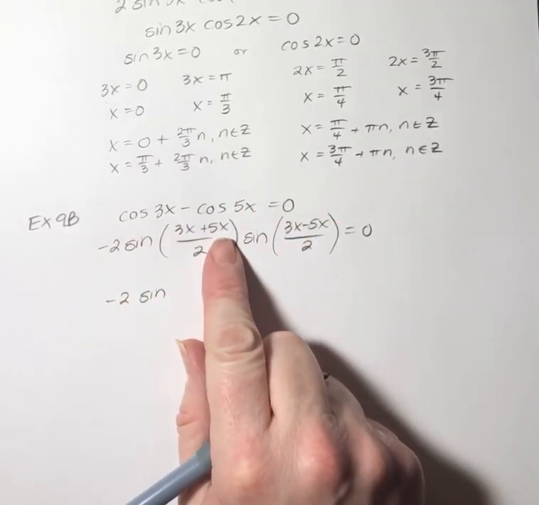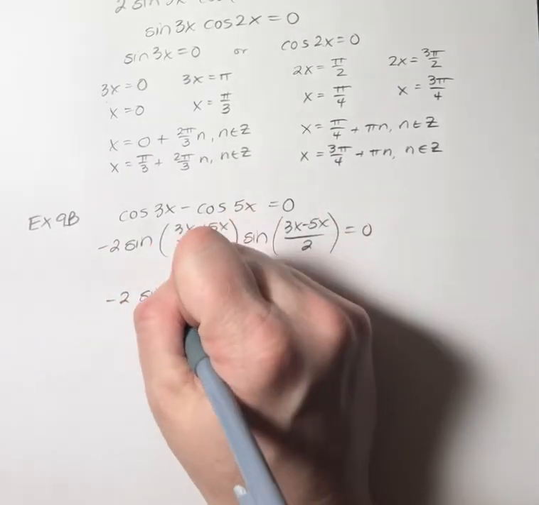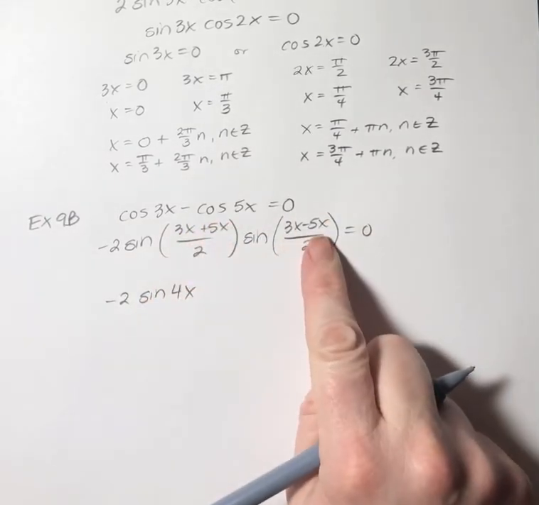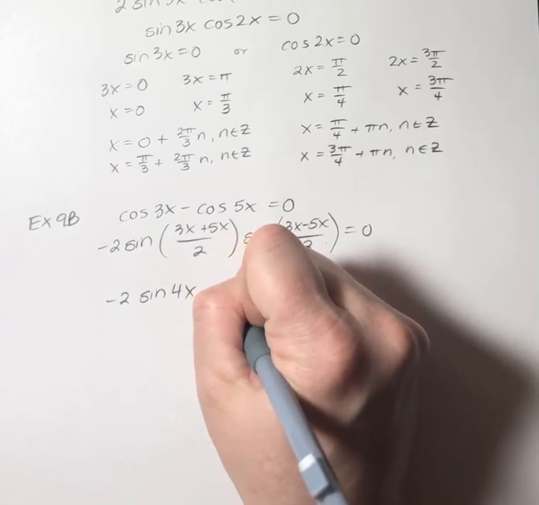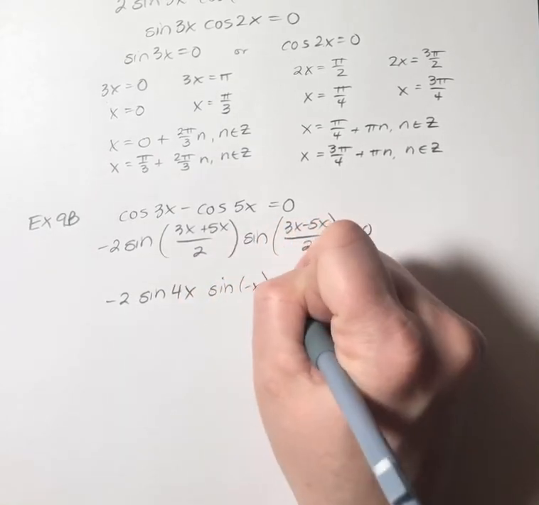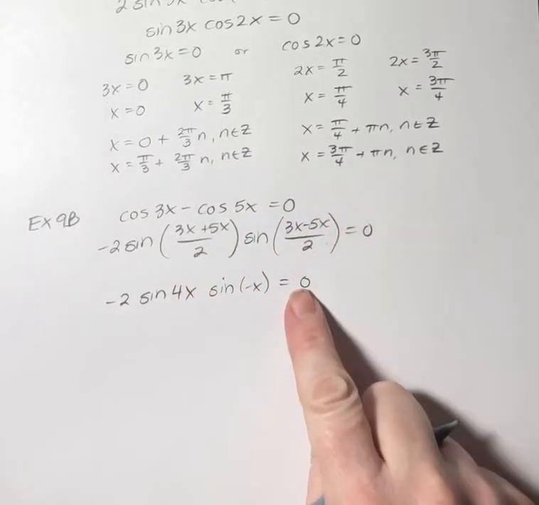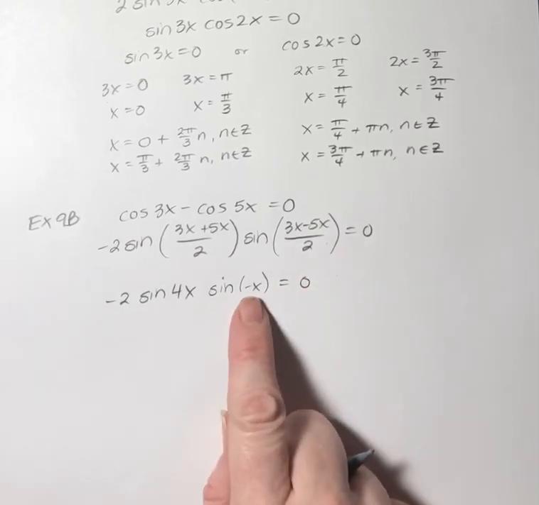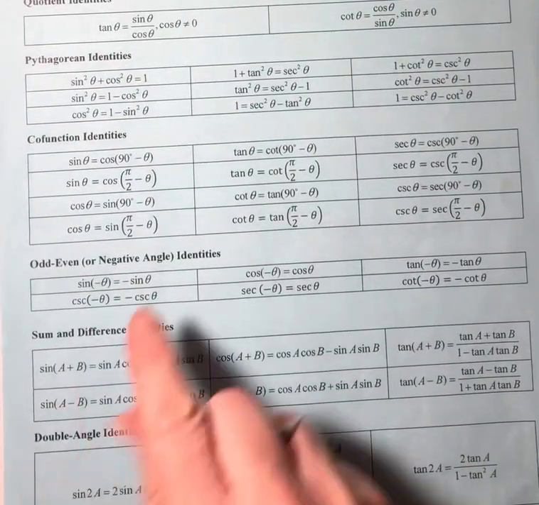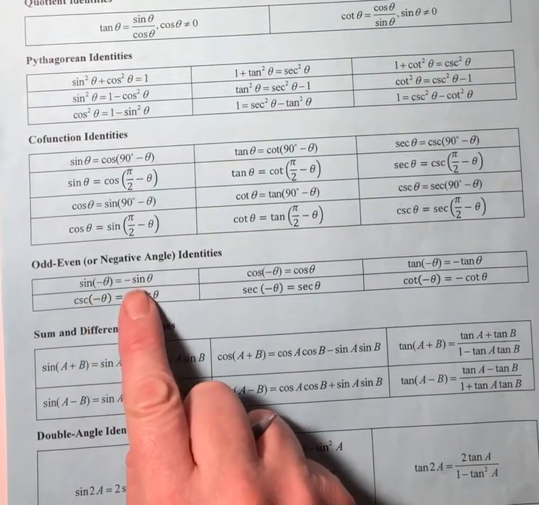3x plus 5x is 8x, divided by 2 is 4x. 3x minus 5x is negative 2x, divided by 2 is negative x. I'm going to divide by a negative 2, and then sine of negative x is equivalent to the negative sine of x.